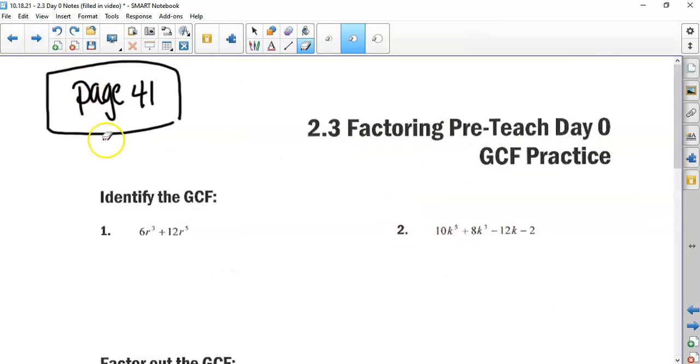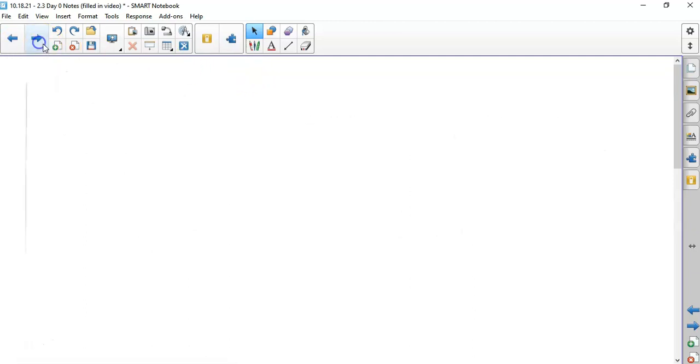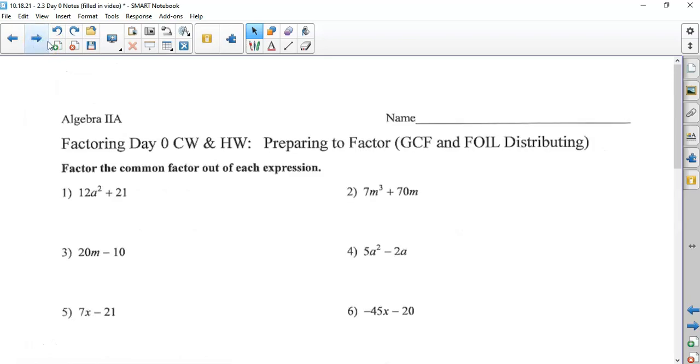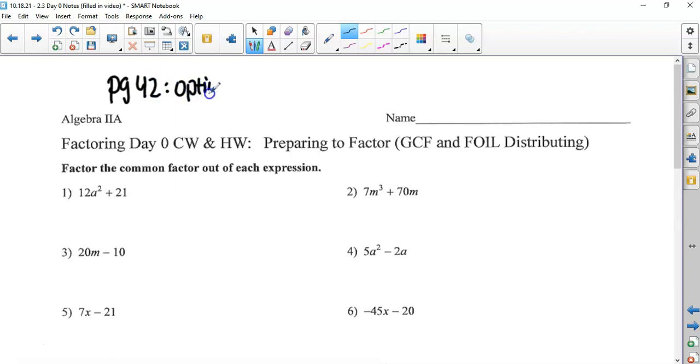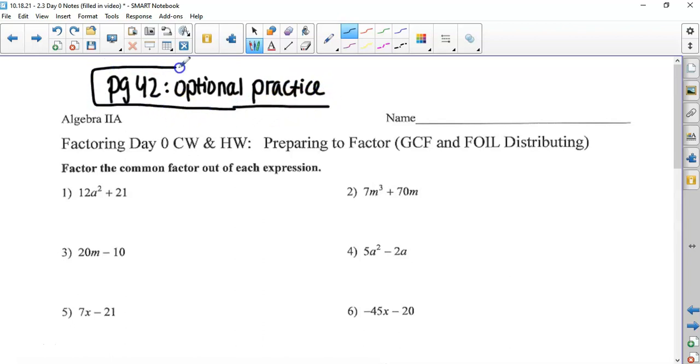Our class practice that you can work on with a partner right now is page 41, and I will post this practice page answer key in today's green folder so that you can check answers with me as well. After we finish that, we have a big set of classwork/homework practice that starts on page 42. If you're feeling really good with the GCF concept, you can skip page 42. So page 42 is optional practice.